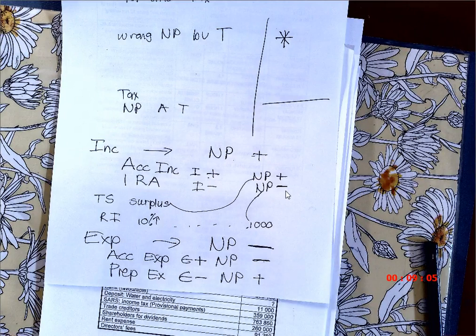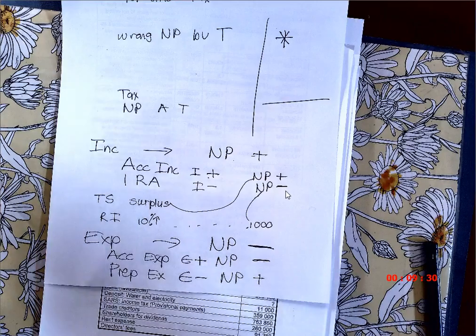So if the expense becomes more, the profit becomes less. But when the income becomes more, the net profit also becomes more. Because net profit is actually, if you think about it, a surplus income. Okay, so are you guys with this?